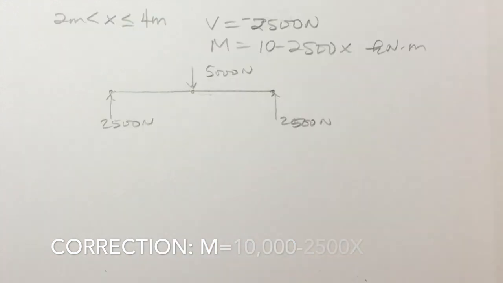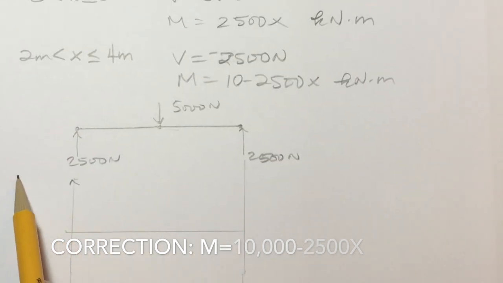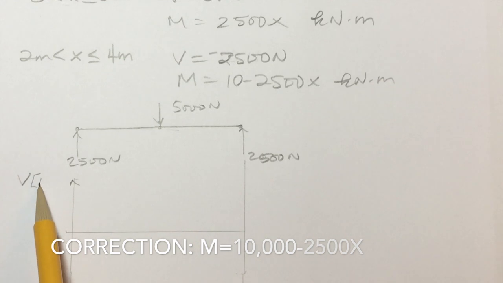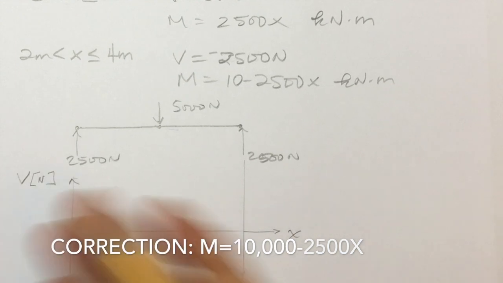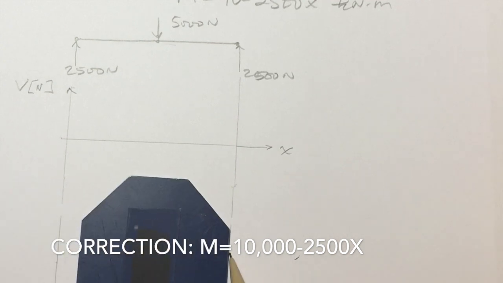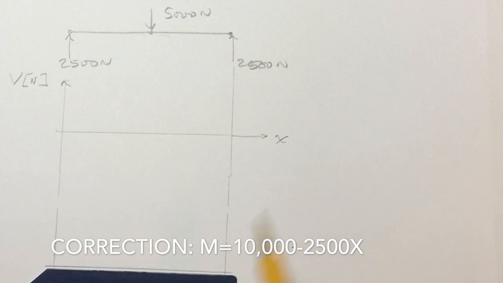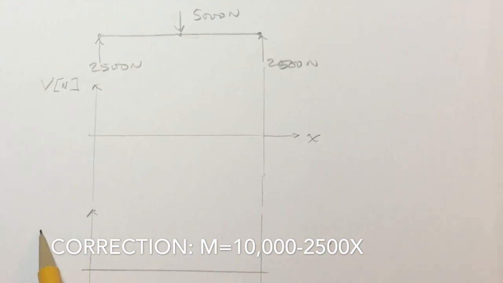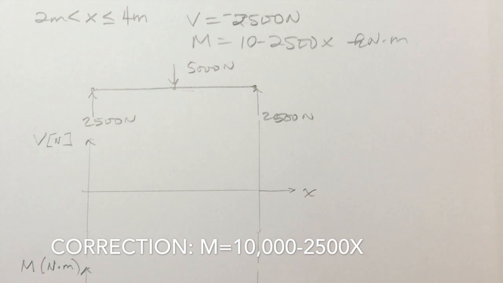And right below it, that's where we draw our shear and moment diagrams. I'll just say that's my shear axis, and it's in newtons, and this is my x-axis. And right below it, I'm going to draw my moment graph, where this is my moment, and it's in newton meters, and this is my x-axis.